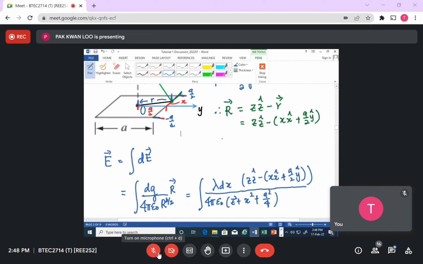Initially I wrote magnitude of r as z squared plus a over 2 squared. So this is wrong. Sorry about that. I just mislooked on this.